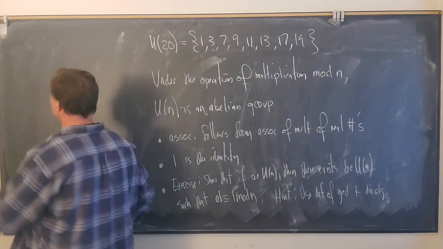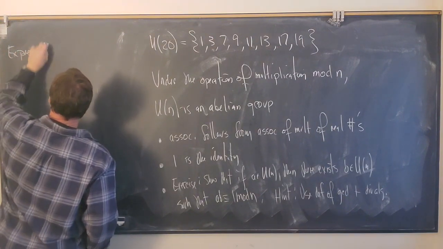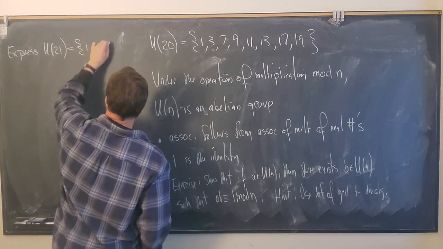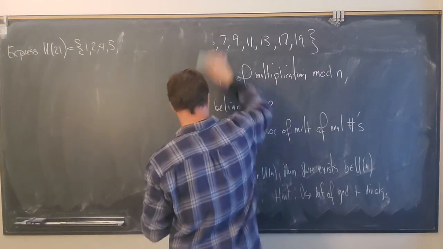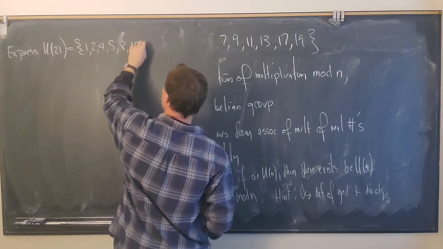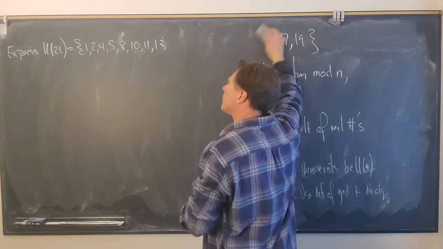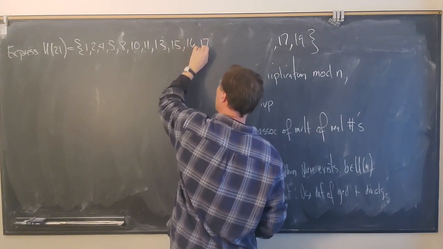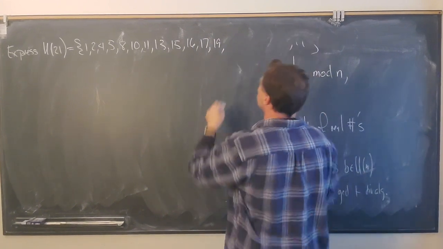So let's express U of 21, which is 1, 2, 4, 5, 6, 7, 8, 10, 11, 12, 13, 14, 15, 16, 17, 19, and 20.